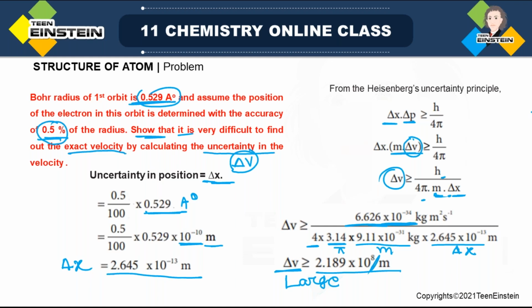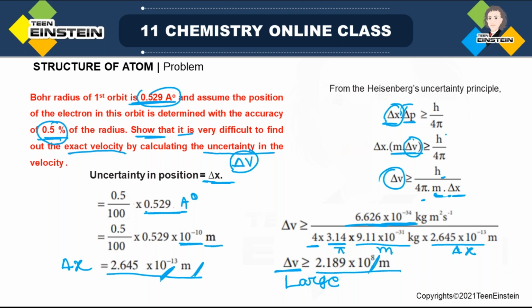Basically, just by applying common sense, when you calculated del x, you already saw its value is very low, 10 to the power minus 13. So one quantity you already know is very low, and the product of these two quantities is fixed, h by 4 pi. So when del x is very low, del v has to be high, which is clear from this equation.